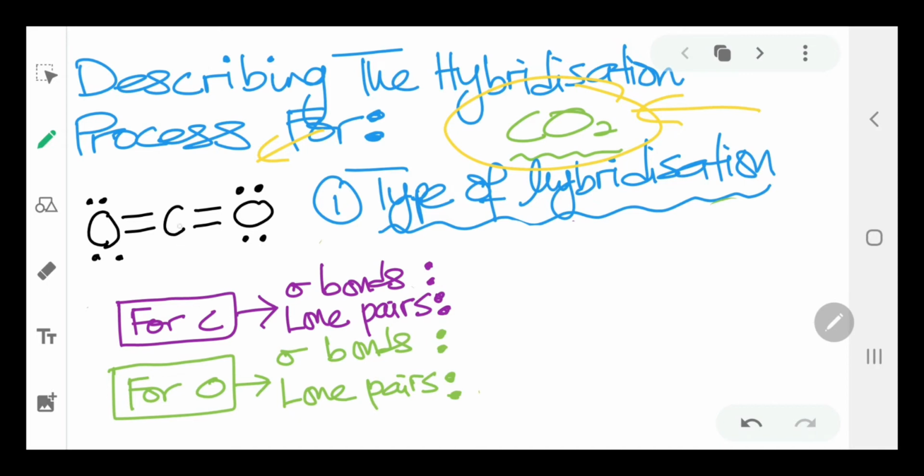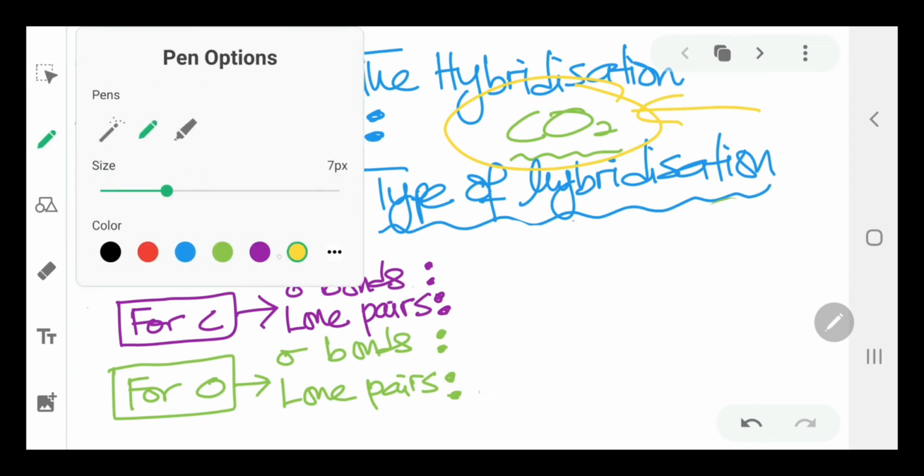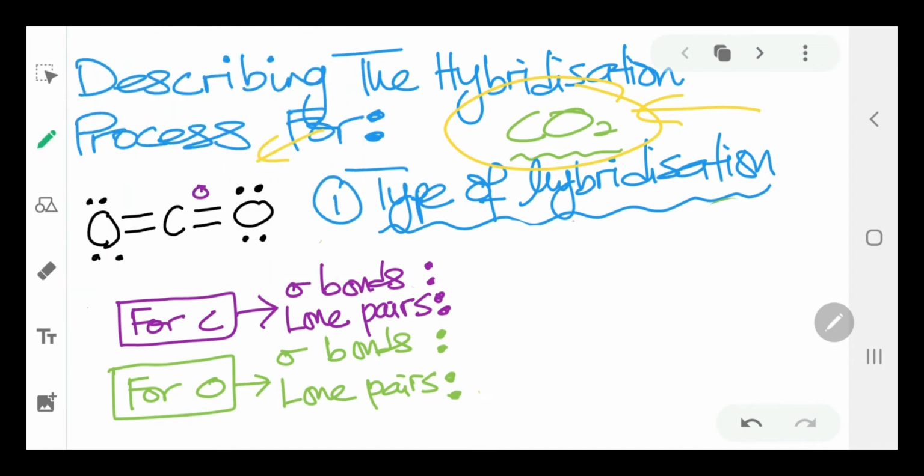Like I said, when you have terminal atoms with multiple bonds attached to them, you also need to explain or describe the hybridization process for the terminal atoms. So for carbon, we know that it will have 1 and 2 sigma bonds. And for a multiple bond like this, a double bond, it will have a pi bond right over here and another pi bond right over there.